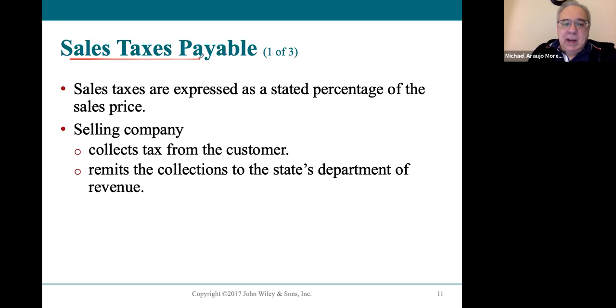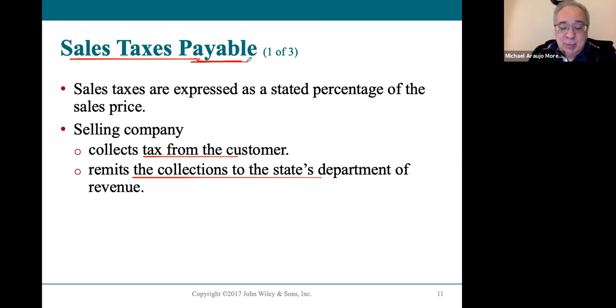So the selling company is going to certainly make revenue by selling what it's selling, but they're also collecting the tax. And because they're collecting the tax from the customer, that's not theirs. They have to send that to the state Department of Revenue.